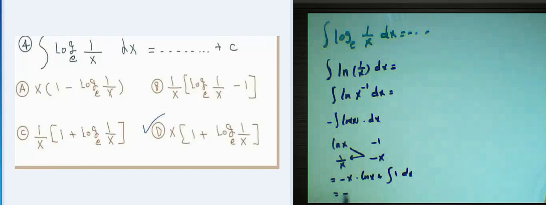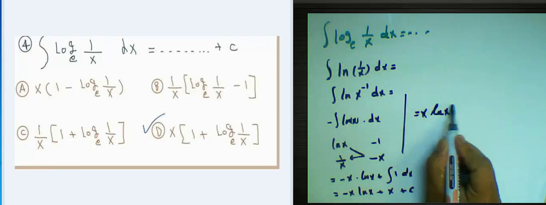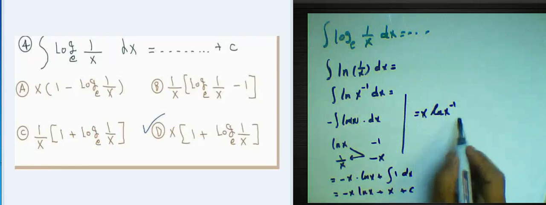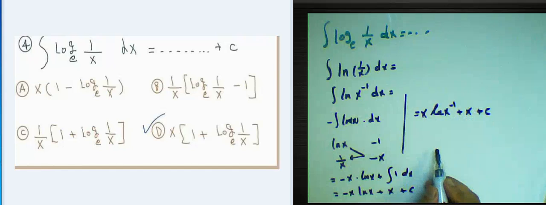Then the result will be negative x ln x plus x plus constant, and we can move negative 1 to the top as a power, and the result will be x multiplied by ln x to the power negative 1 plus x plus constant.